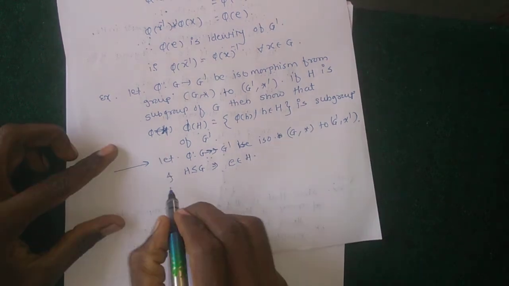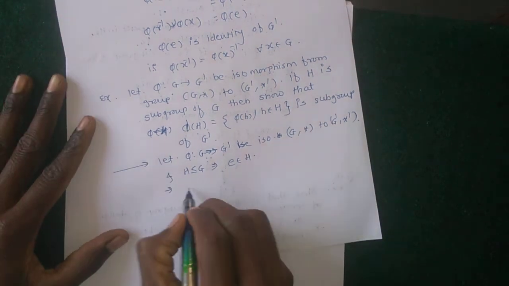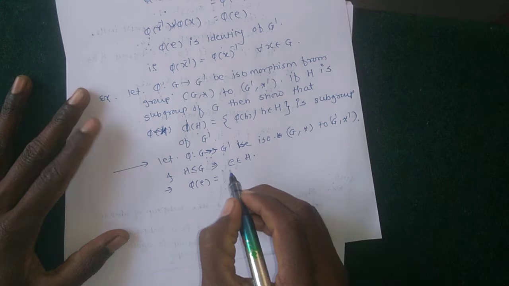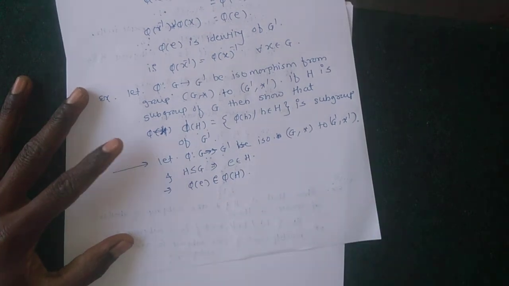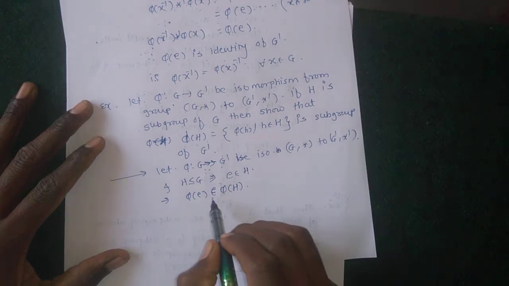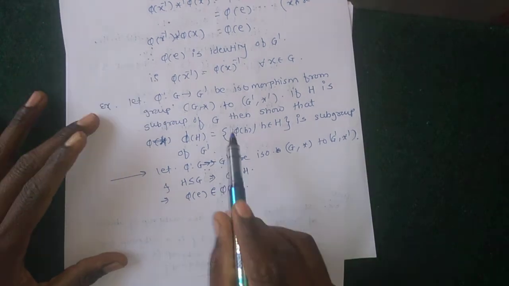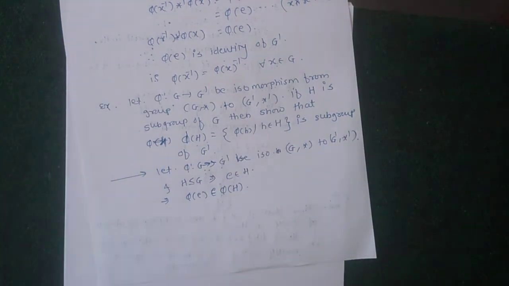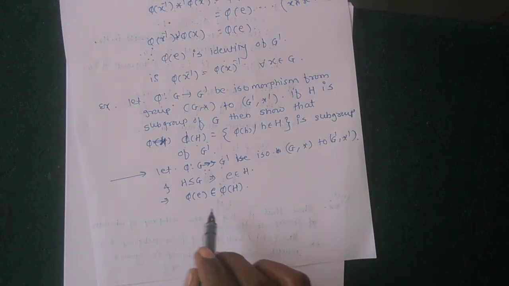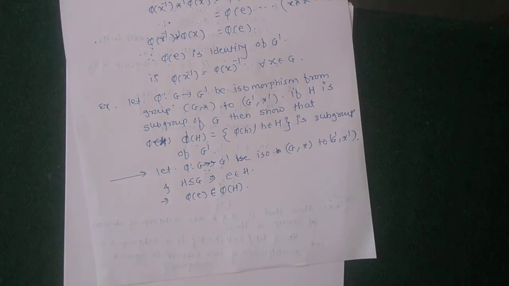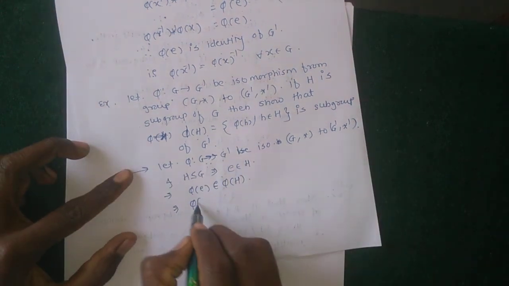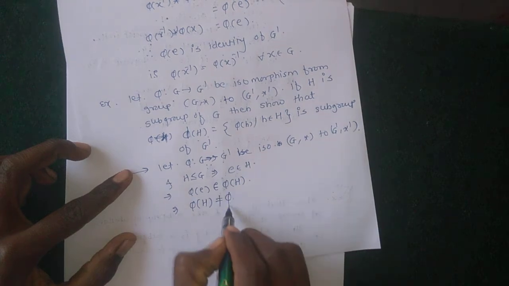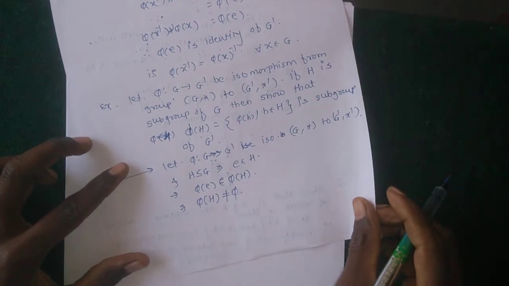And therefore phi of e belongs to phi of H. Why does phi of e belong to phi of H? Because phi is an isomorphism, meaning one-one, onto and homomorphism. By using the one-one condition, phi of e belongs to phi of H, which implies that phi of H is non-empty.